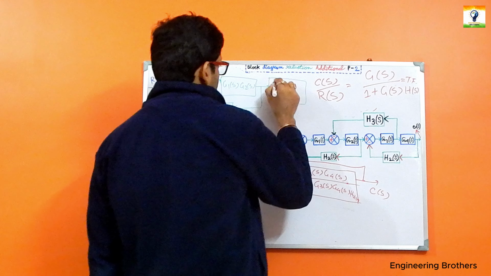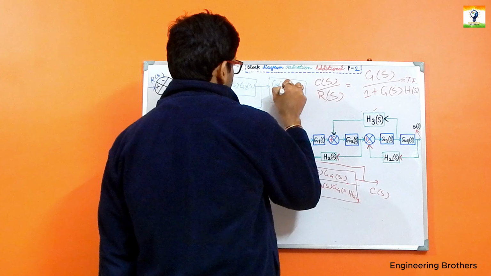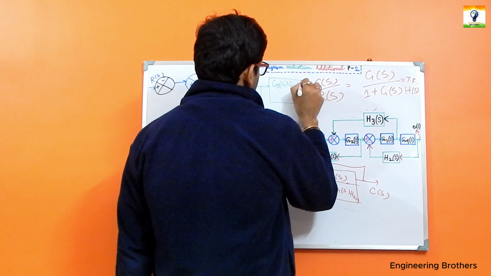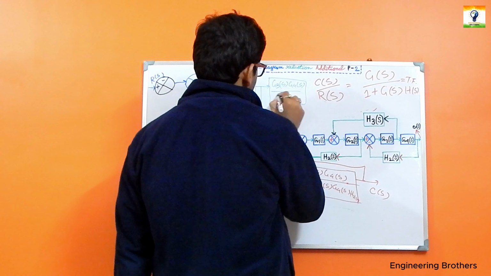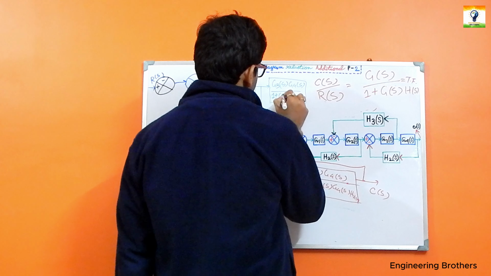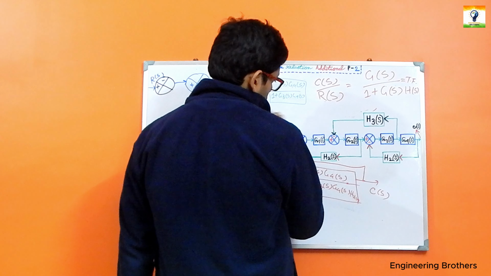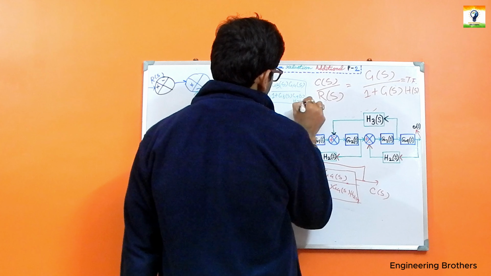Now ultimately the gain for that one, as our G3s G4s, divided by our 1 plus G3s G4s multiplied by our S2s.